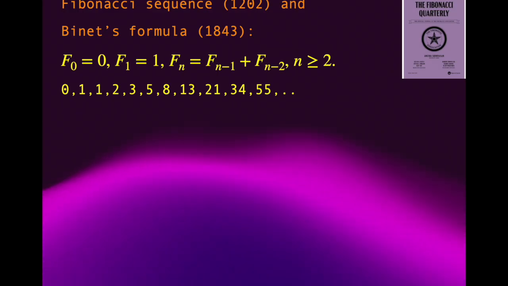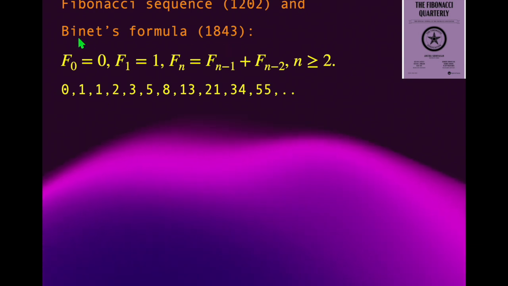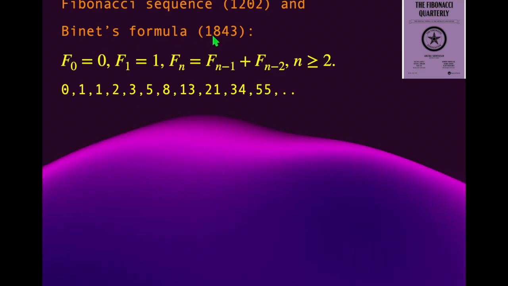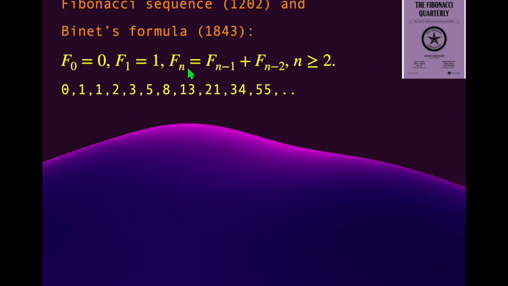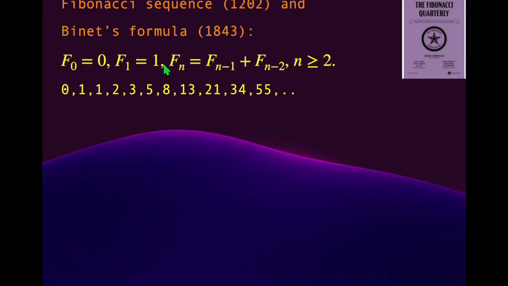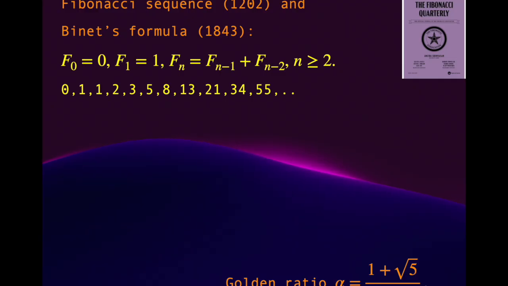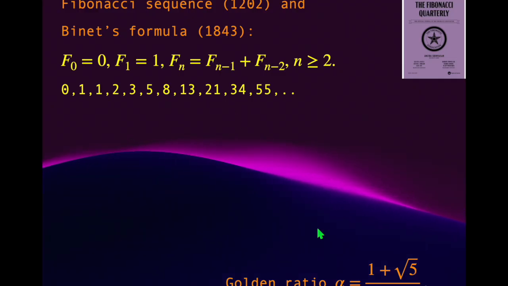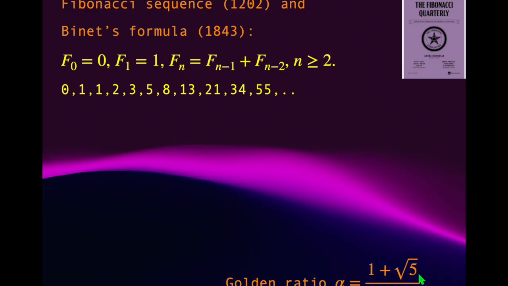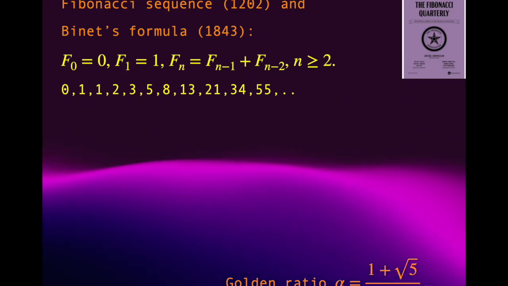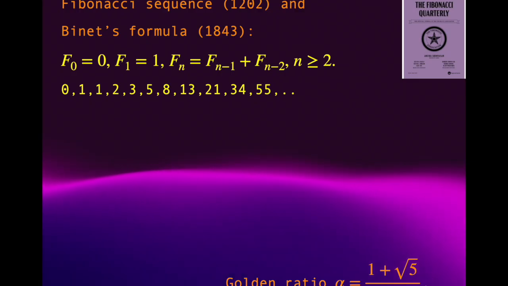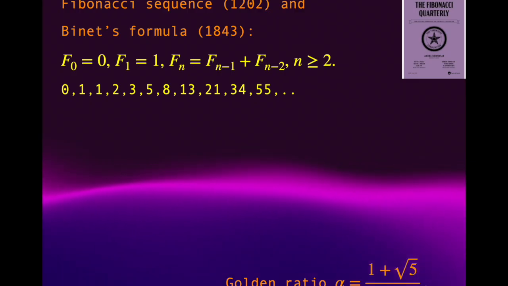In 1843, Jacques Binet, a French mathematician, gave an explicit formula of Fn, which involved the golden ratio alpha equal to 1 plus the square root of 5 over 2. So let's start by proving Binet's formula.